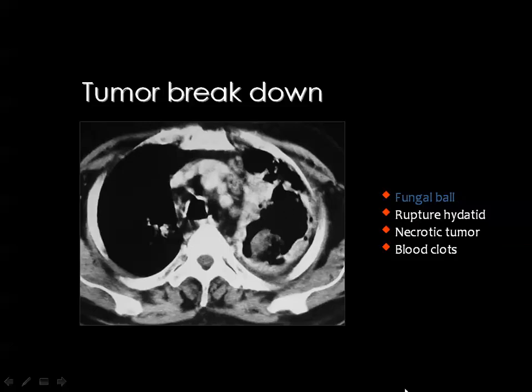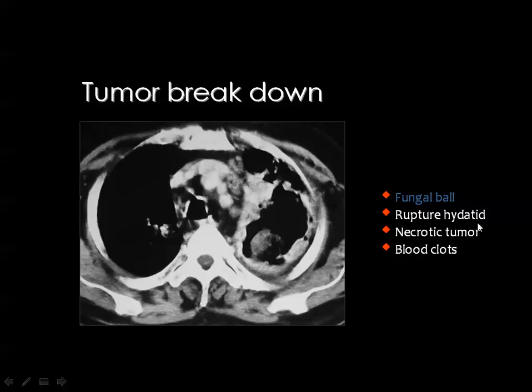The rest of the differential diagnosis of a cavity containing a ball are the ruptured hydatid cyst and blood clots. Actually, you cannot reach the diagnosis of blood clots from the films unless you have the MR examination, which sometimes provides some signal which is specific for blood.